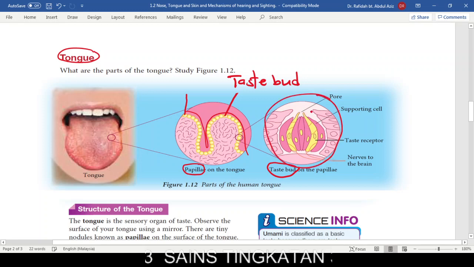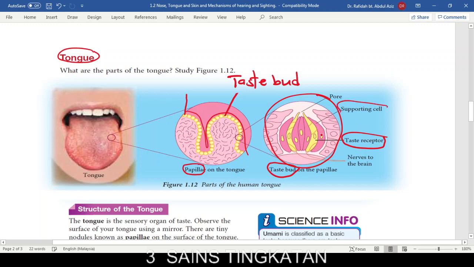Okay, it consists of a tiny pore, and inside the tiny pore we have what we call a taste receptor, and this taste receptor is supported by a supporting cell. So this red color supports the yellow color, and this yellow color is a taste receptor.